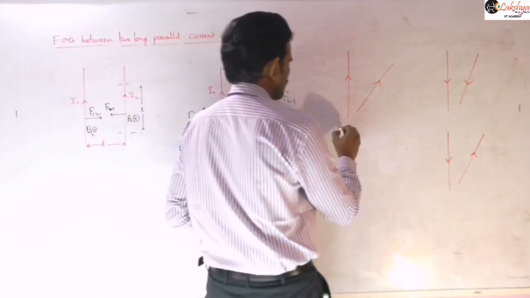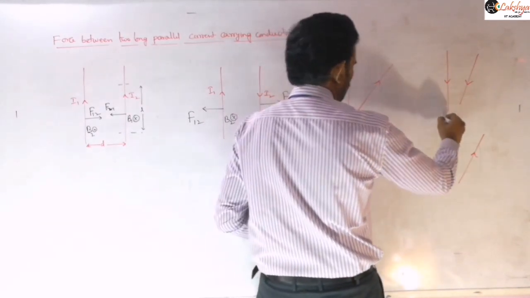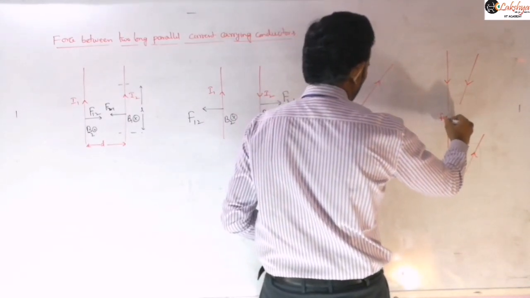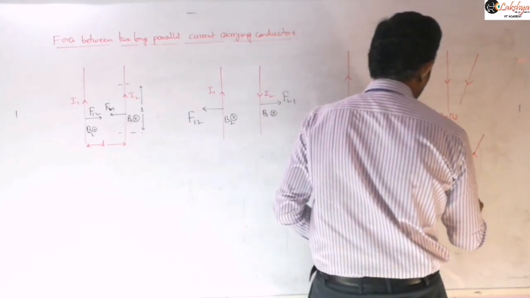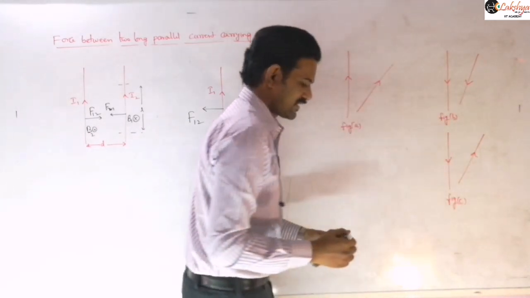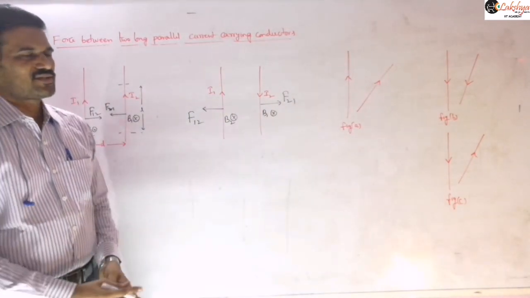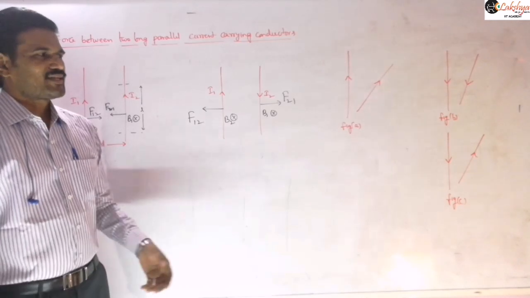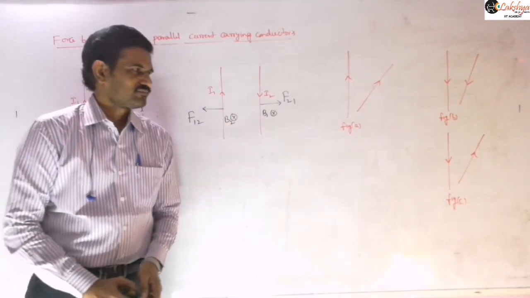Suppose this is figure A, this is figure B, and this is figure C. Now let us answer whether the force is attractive or repulsive in those three cases, following the same procedure we used to decide the direction.